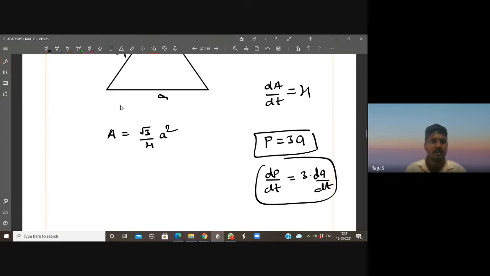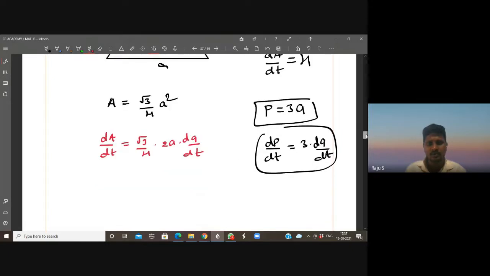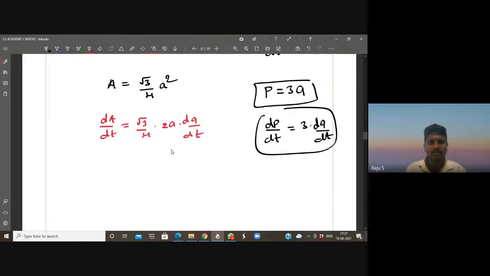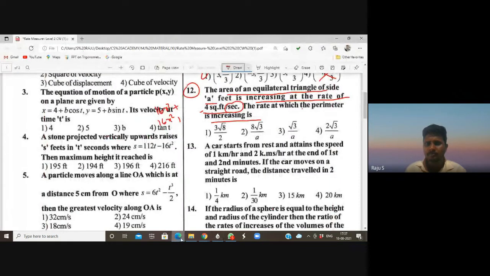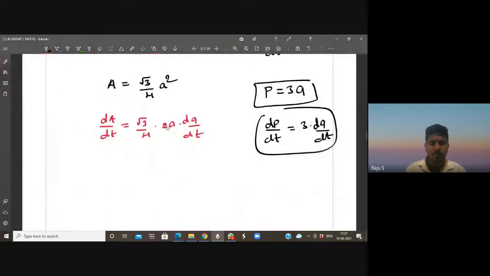First we have to differentiate this area. So dA by dt is equal to root 3 by 4 into a square, which is 2a into da by dt, right students? What about this dA by dt value?